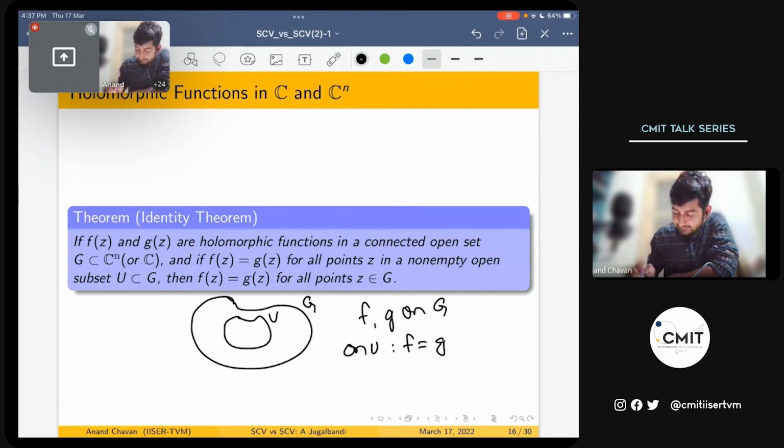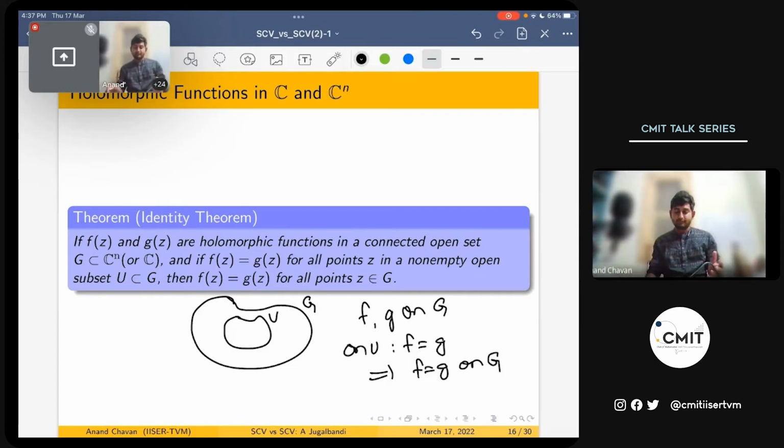Then the theorem says that if this happens, if I find a set on which f and g are equal, then I can say that both functions are equal on the bigger set. This implies f will be equal to g on the whole set. So we just need to find a small set on which the two functions agree. Then I can make these functions equal on the whole set G.